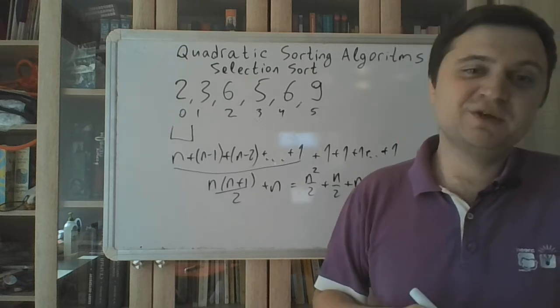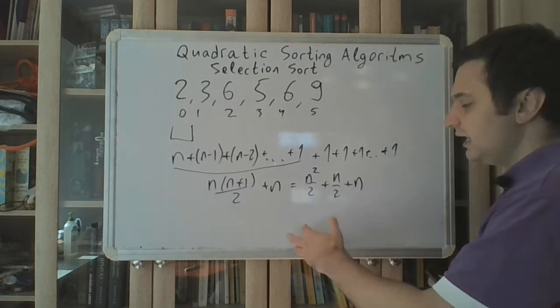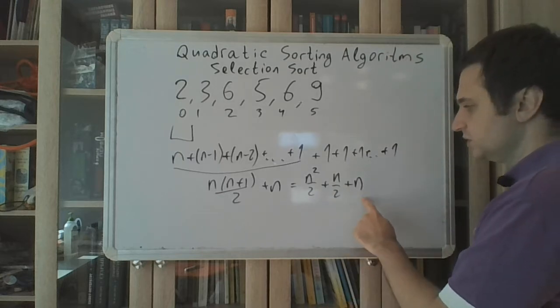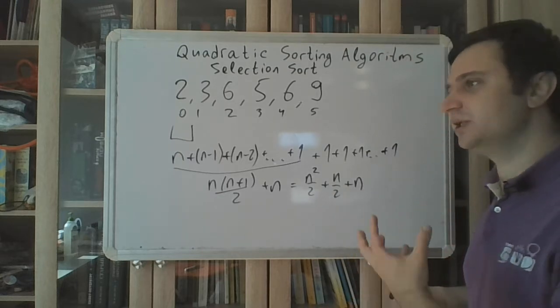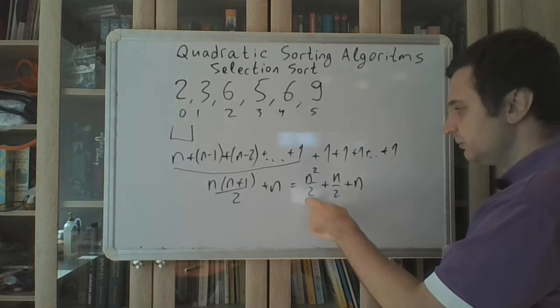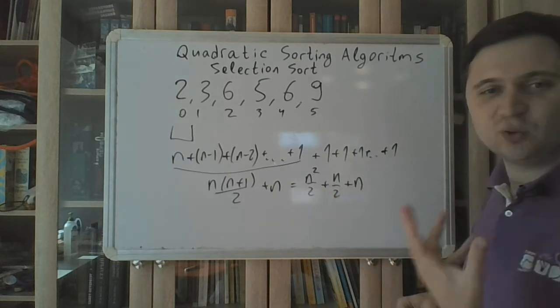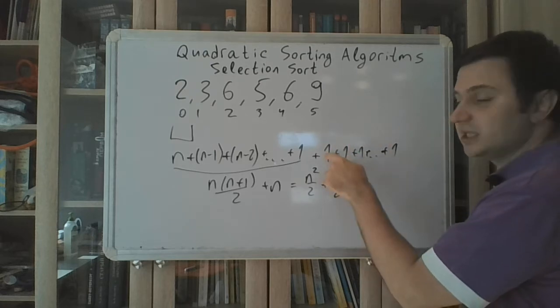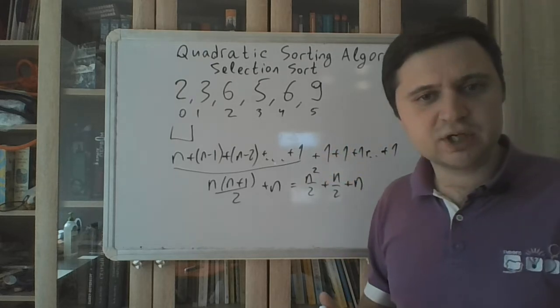Then mathematicians say, okay, asymptotically, when n grows, these terms are negligibly small compared to this term. And in this term, we don't really care about division by 2, just as we didn't care whether it's 1 operation or 3 operations for swapping.